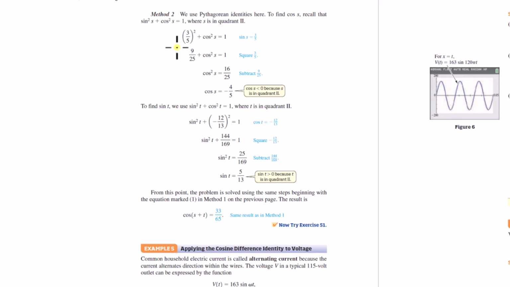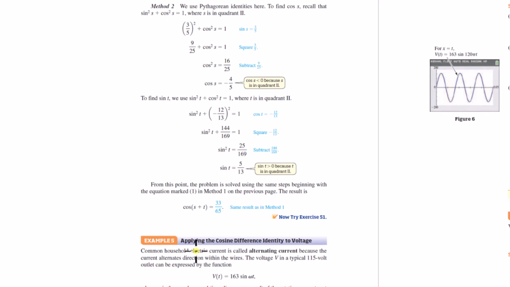But this is going to give us two possible answers. Since we know the quadrant, we can state explicitly what cosine s is, and same idea, we can find exactly what sine of t is and plug that into the identity formula.